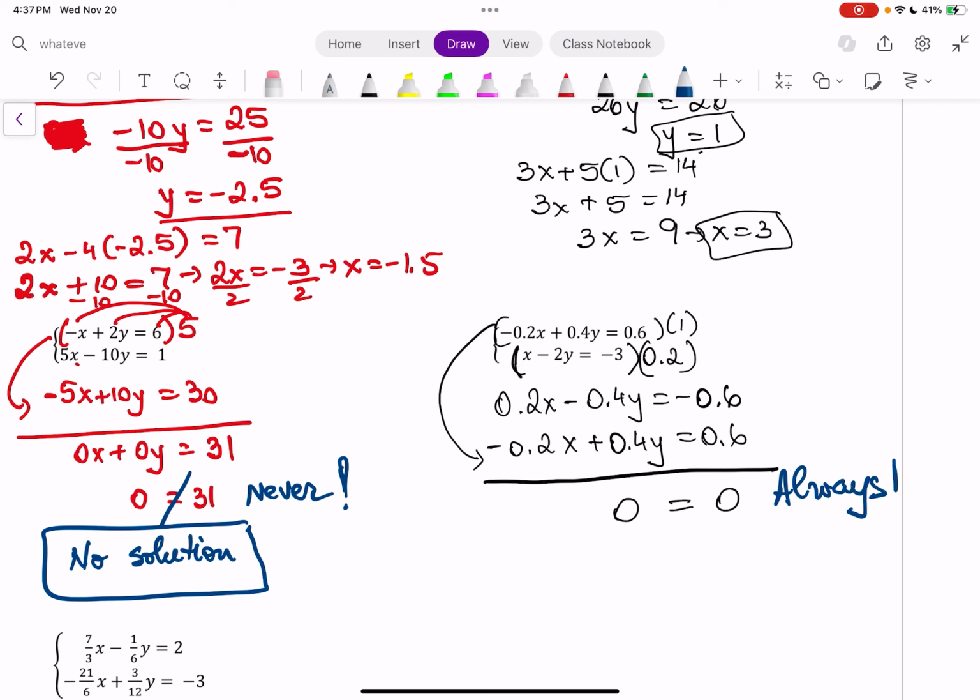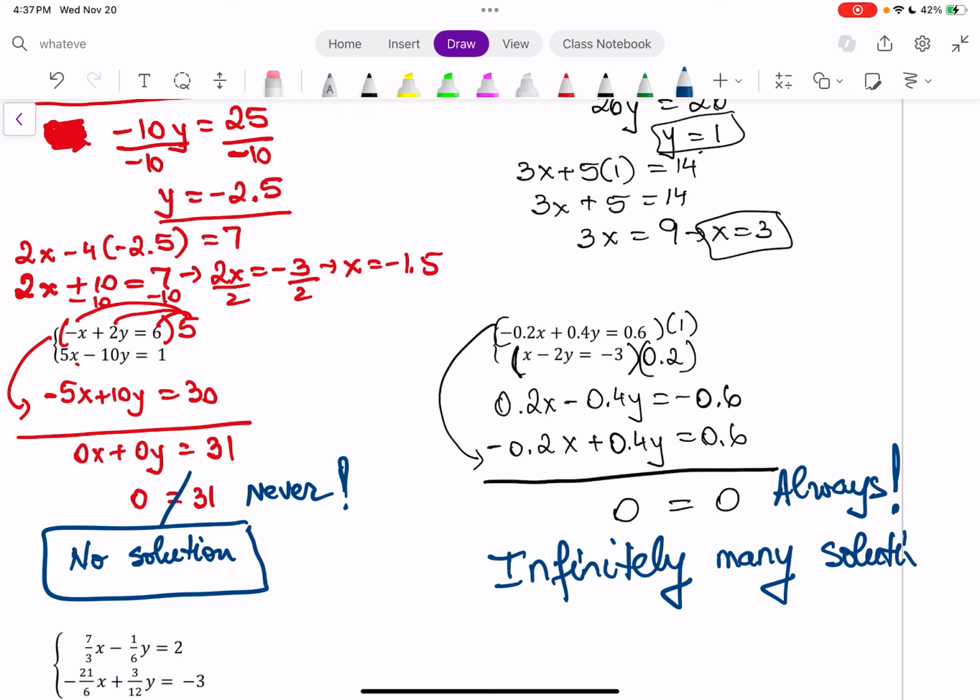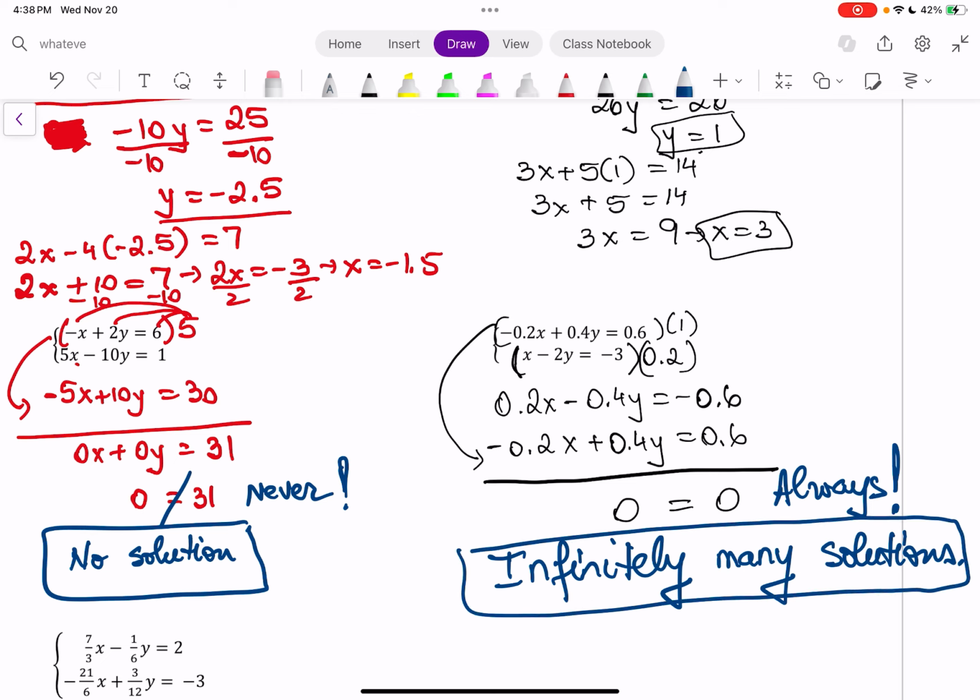So really, what we've had here is the same line. We get the same solutions every time. So we will just simply write infinitely many solutions. As it's one and the same line.